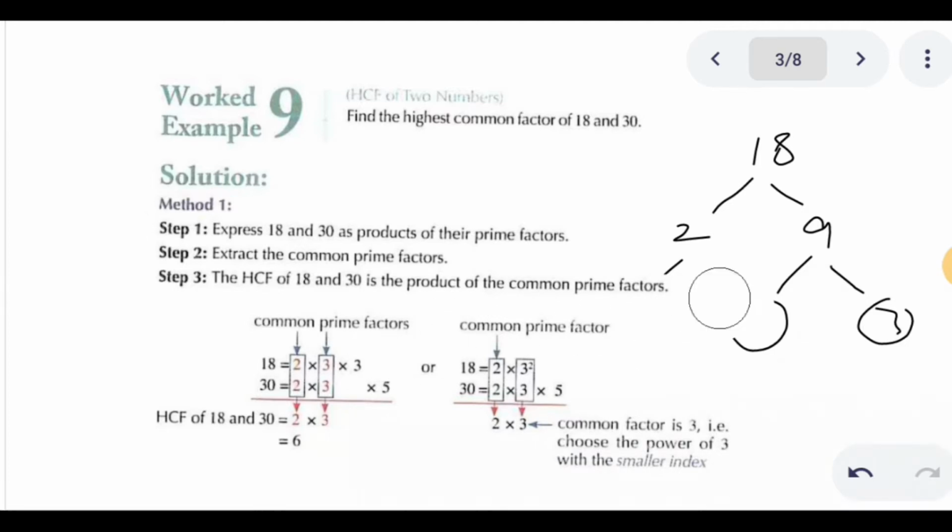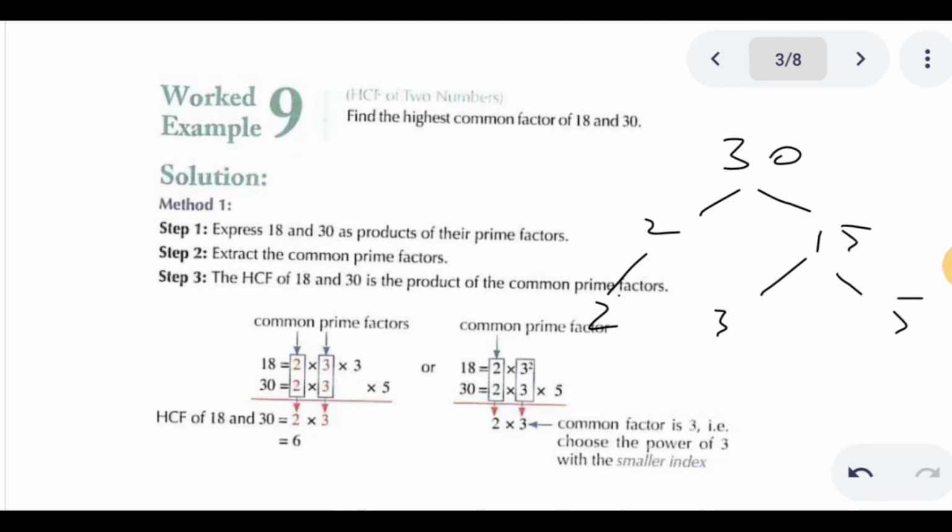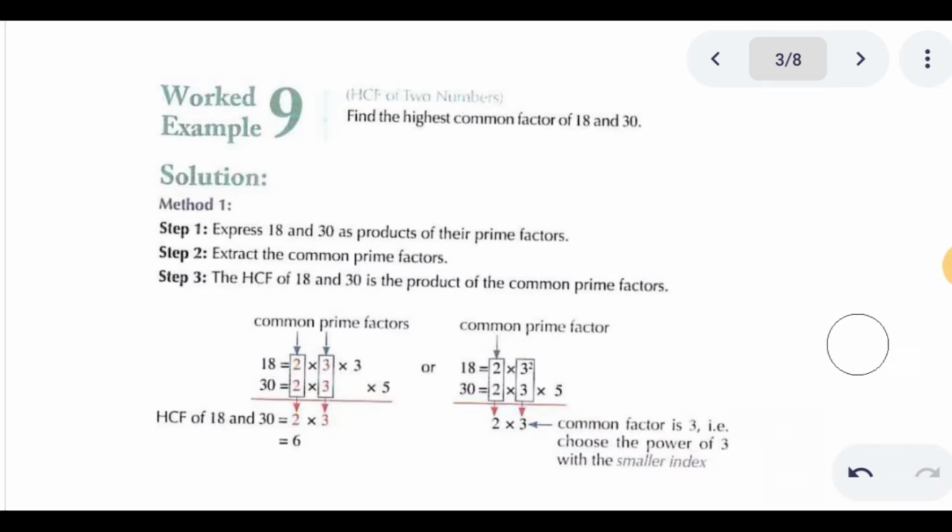Similarly, next we will find the prime factors of the number 30. Its prime factors would be 2 and then 15 is split into 3 and 5. So 2, 3 and 5 are its prime factors. So we have listed the prime factors of the two numbers, and then we are going to find the common prime factors among these numbers.